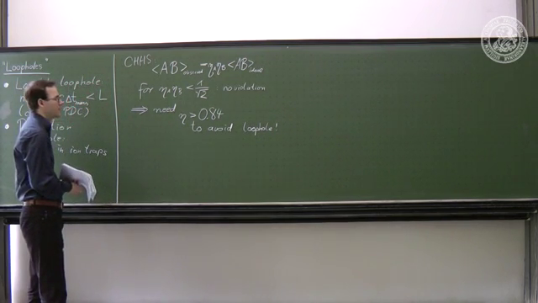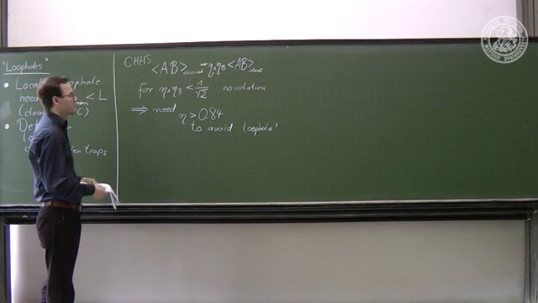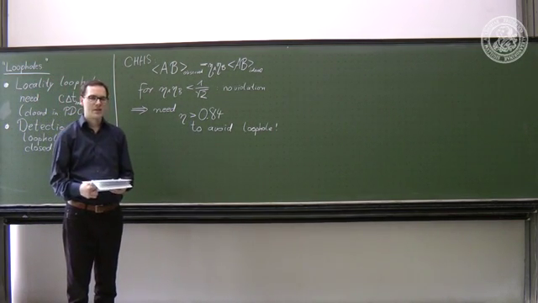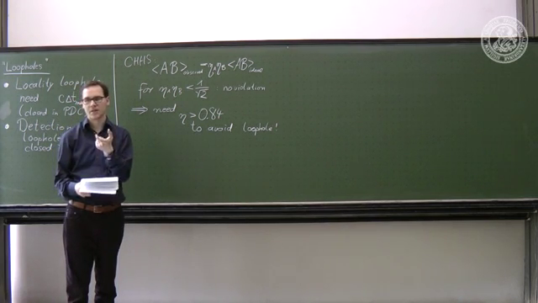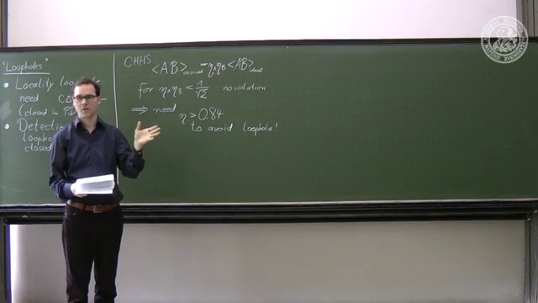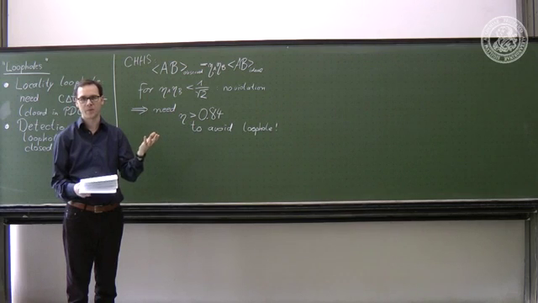Now, there is another issue in these experiments, because what you observe are not really probabilities. That would mean that you create your photon pair or your particle pair at a very well-defined time, and you know that it has been created, and then you look, is there a click or no? And so you would obtain a probability.